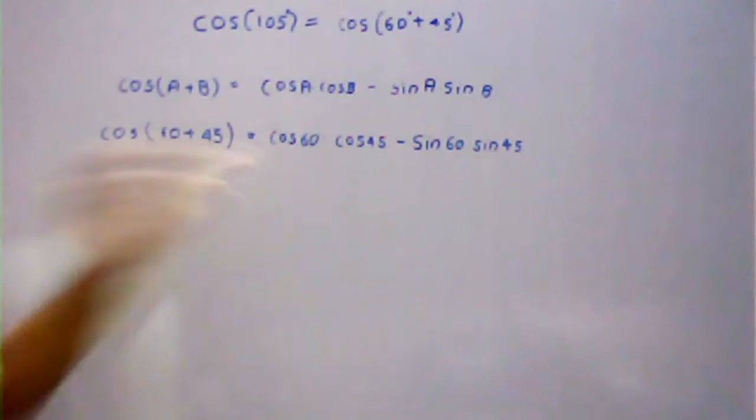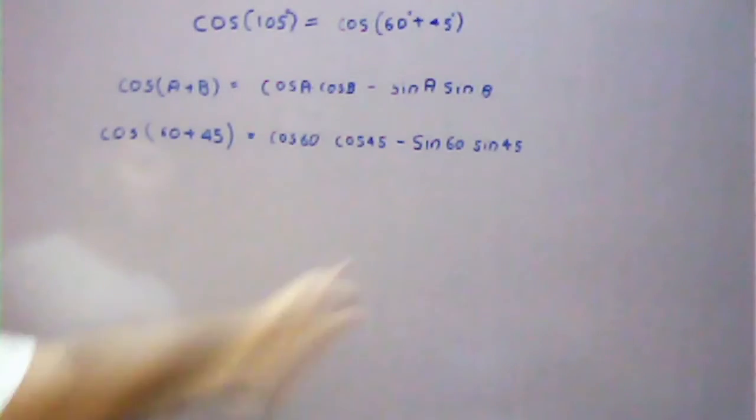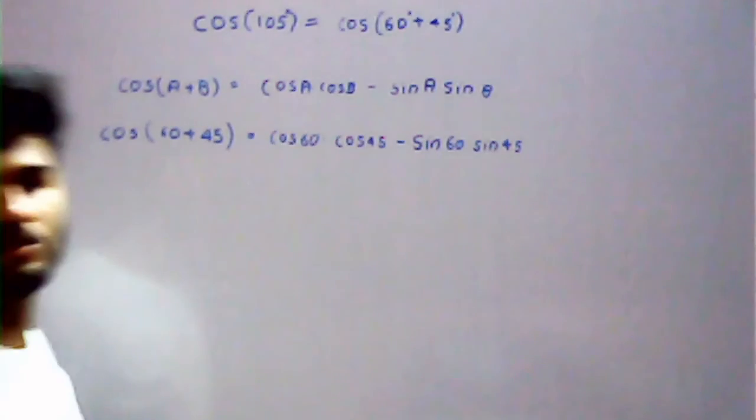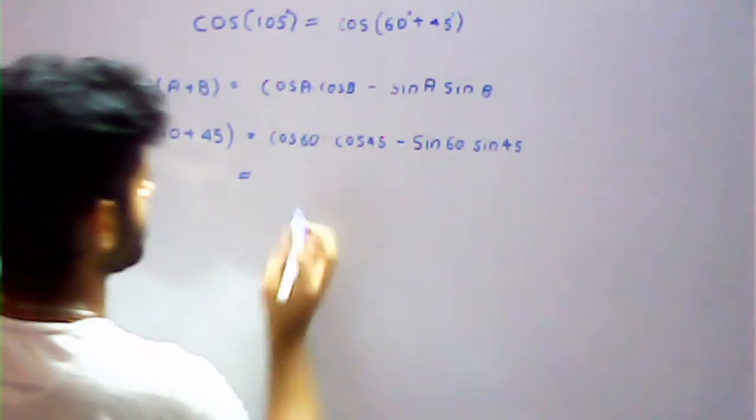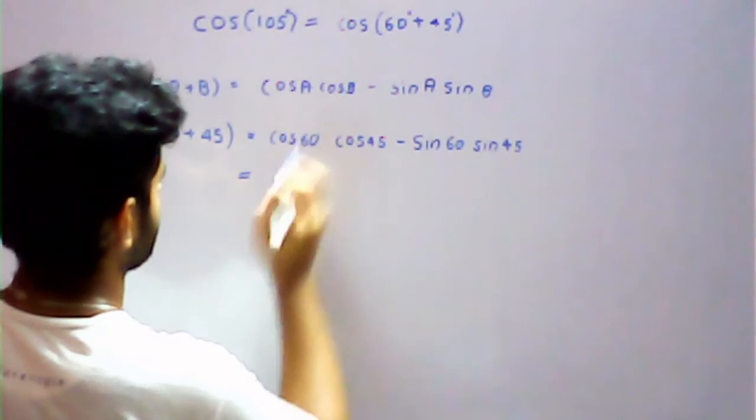Now cos 60, cos 45, sin 60, sin 45, all those values are known to us. Let us substitute those in this question.